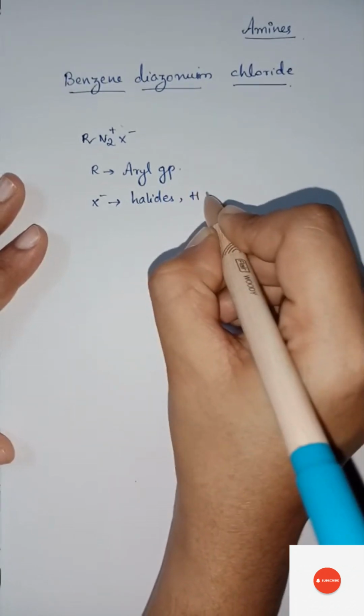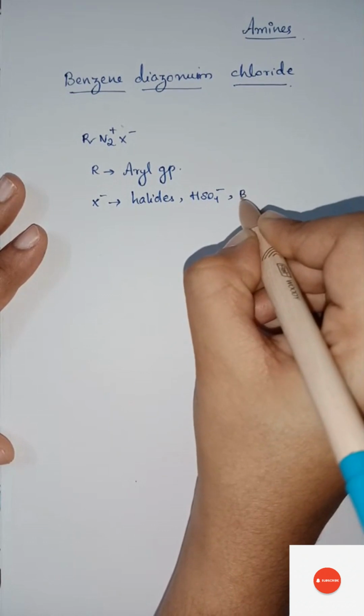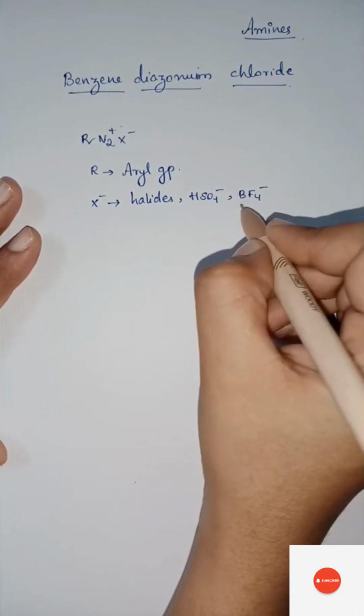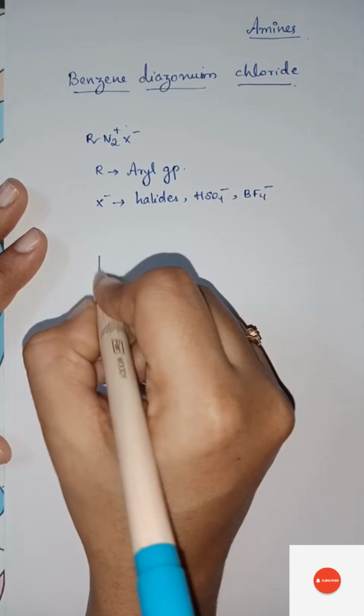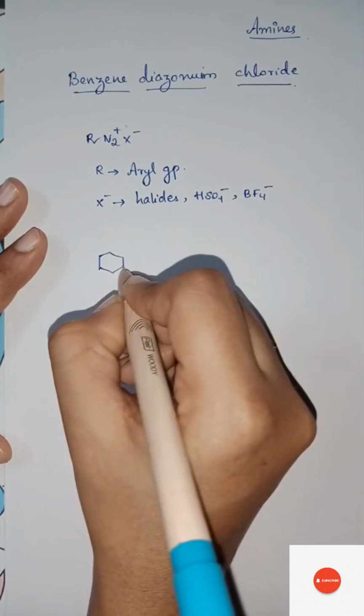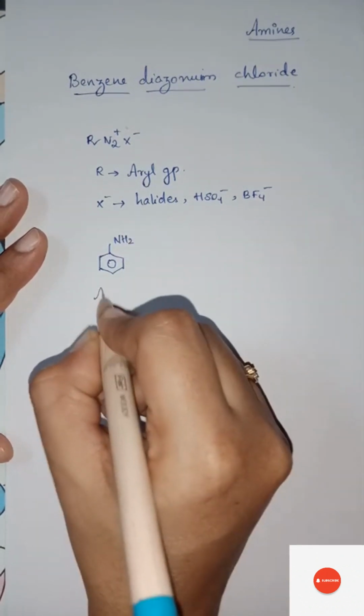or HSO4-, hydrogen sulfate, BF4-, fluoroborate. And then generally we prepare this benzene diazonium chloride from the primary amine called aniline.